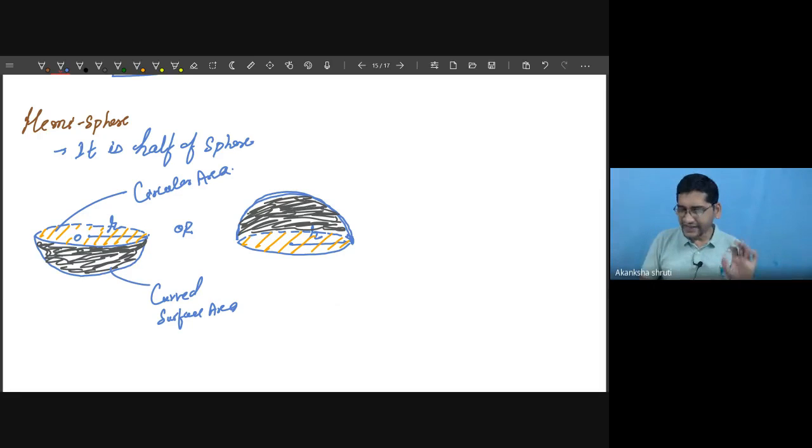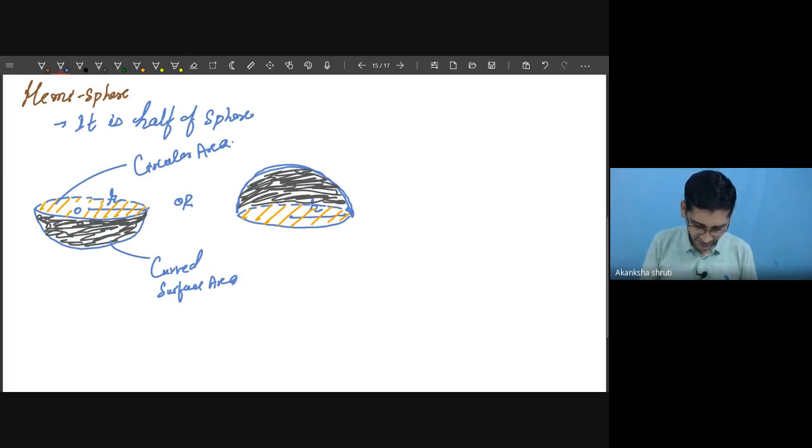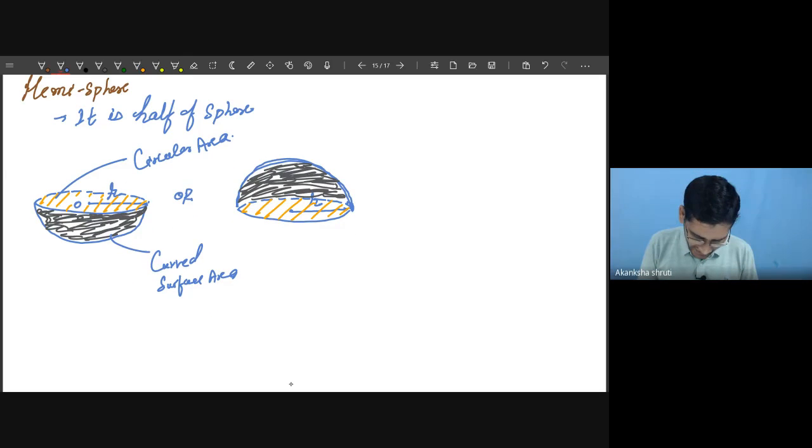So this way we can define two kinds of surface area for this. One is called the CSA or lateral surface area of the hemisphere.